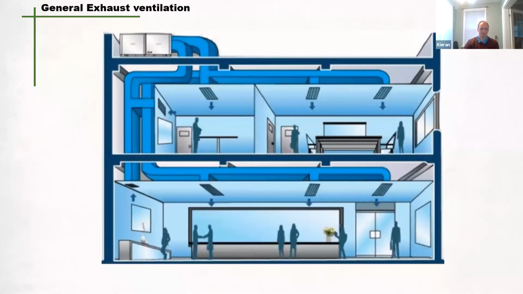General exhaust ventilation is most commonly referred to as HVAC, or heating, ventilation, and air conditioning. These systems are a very modern way of controlling the temperature in a building. They do dilute certain contaminants, but these potentially might not keep up with hazards that are generated elsewhere.